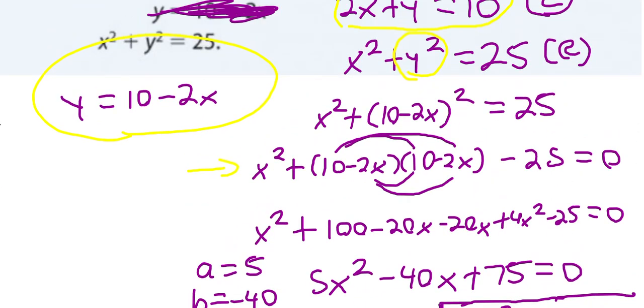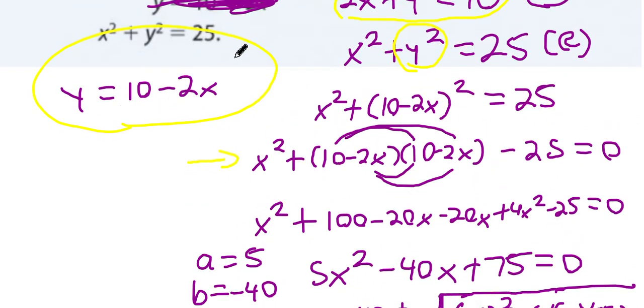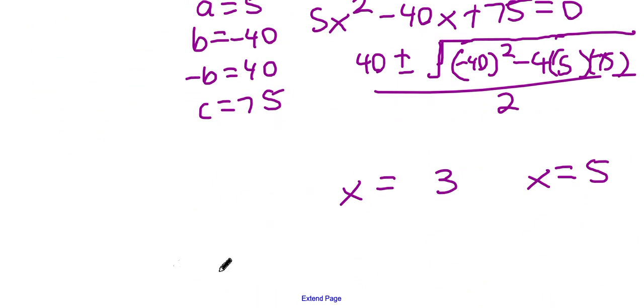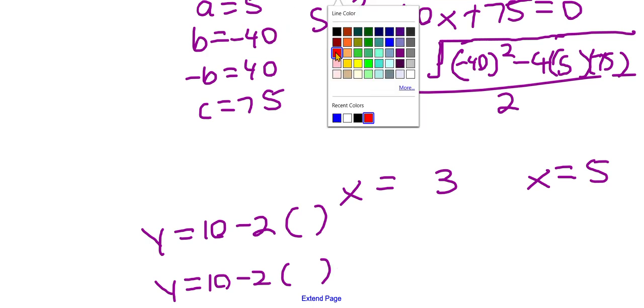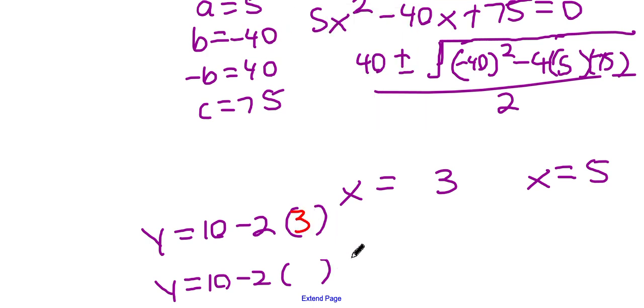Now, if you go back, see the way it's 10 minus 2x. So the y value is 10 minus 2 times the x value. You have to do it twice, because one of the x values you use is 3, and the other x value you use is 5, and you have to work them both out.